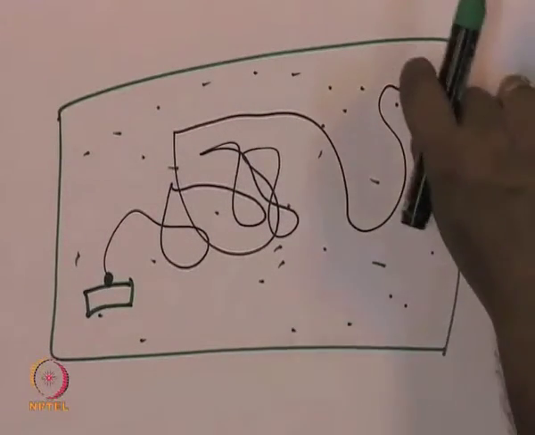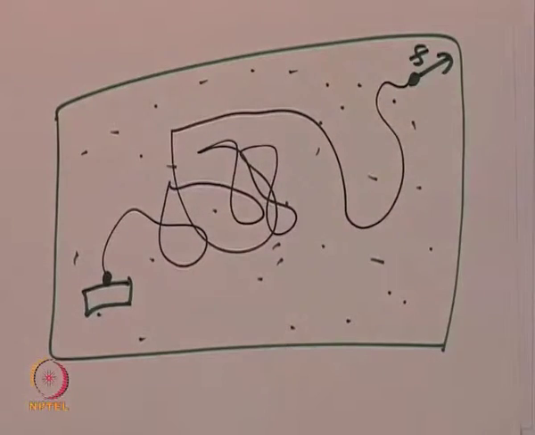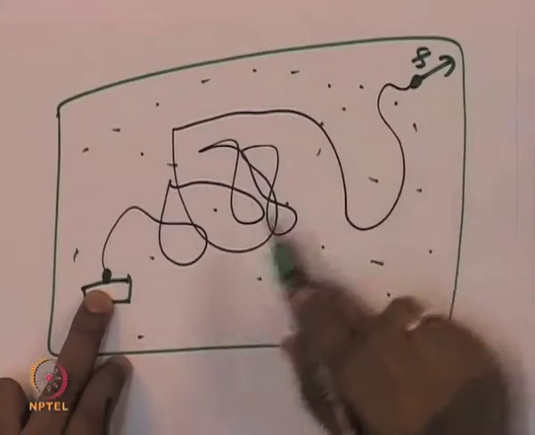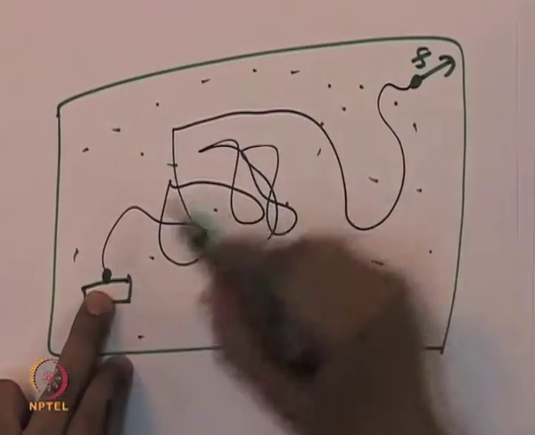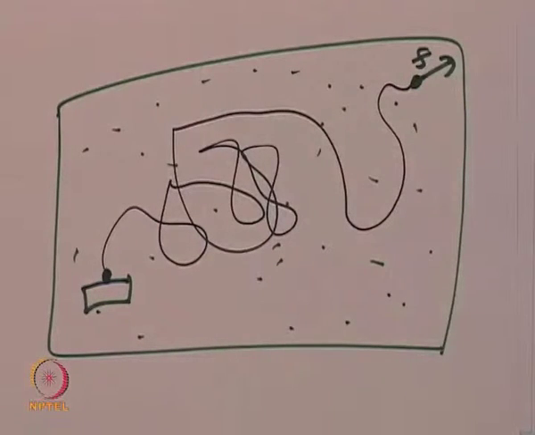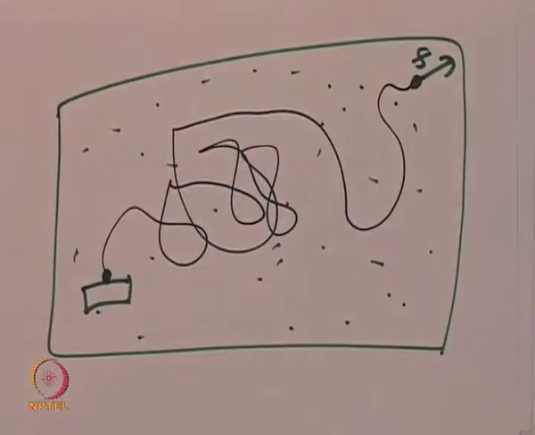So, as you pull this, you can imagine that the distance from this end to this end will keep increasing. Imagine that you are pulling a rope like this, very slowly, and you are plotting the distance from one end to the other end.